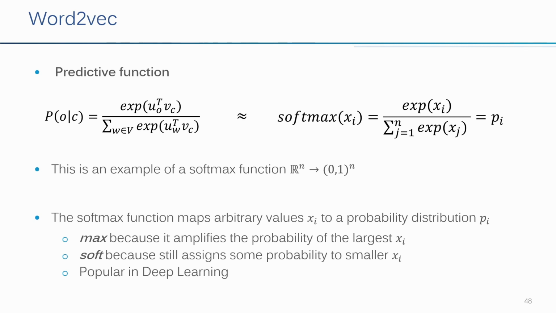That is not actually the case. It simply amplifies the probability of the largest values, and soft because it will assign some probability to smaller values of whatever x we're calculating here, which are our word vectors. It is popular in deep learning. We don't use this exactly. It's popular to teach how it works, but in practice it's a bit different than this.